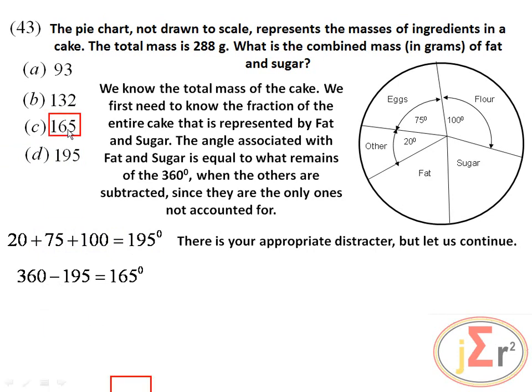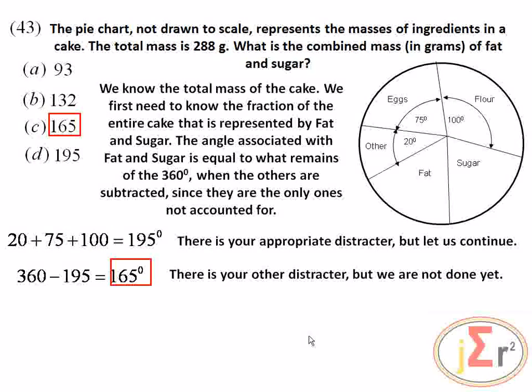And of course we have our answer right there. But it is another distractor because we need to find the mass. So now we have the angle associated with fat and sugar. We need to find the mass, the combined mass in grams of fat and sugar. So we have the angle associated with it. So there is your other distractor. But we are not done yet.